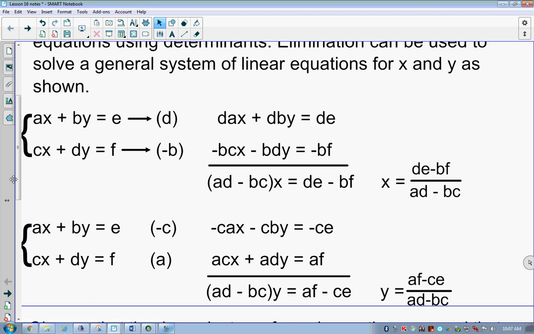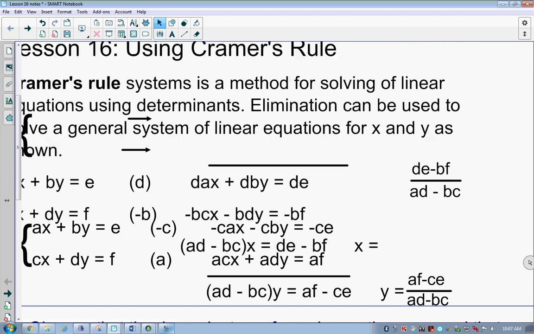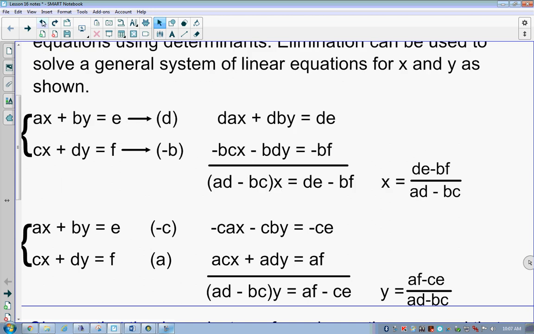Now, what they're saying is that I'm going to multiply the top equation by d, and the bottom equation by negative b, because what will end up happening is it will eliminate the dby right here in the middle. Those things would cancel out.